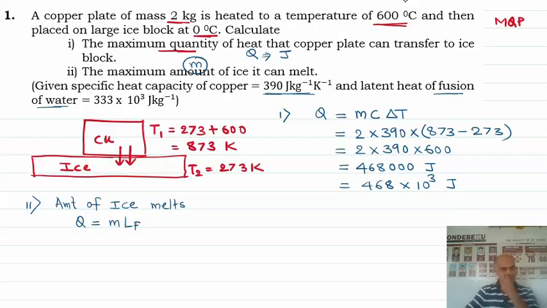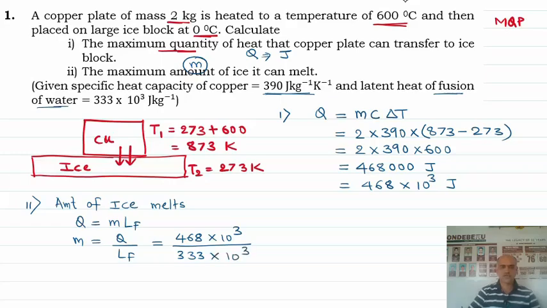In this there is no temperature difference; temperature difference appears only with specific heat. Now substitute. The heat transferred was found in the first part. I will write it as Q by L_F, so mass equals Q divided by latent heat of fusion: 468 into 10 raised to 3 divided by 333 into 10 raised to 3.